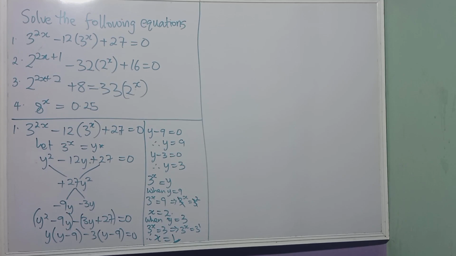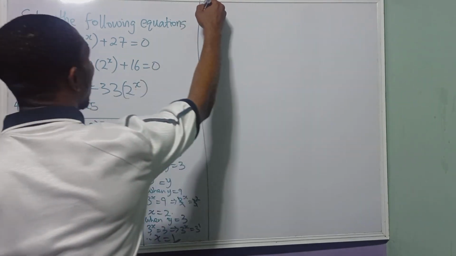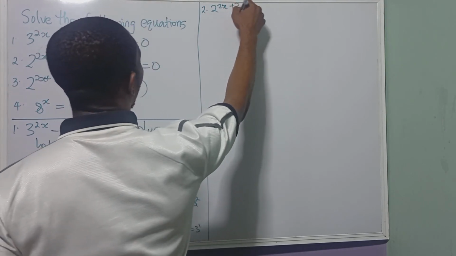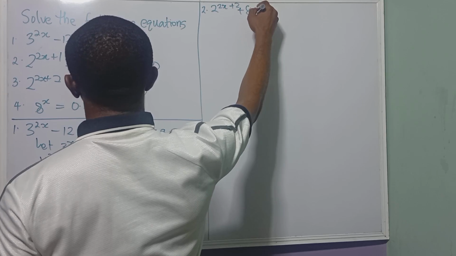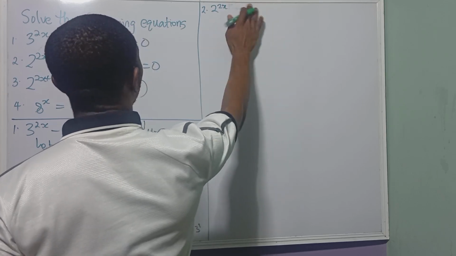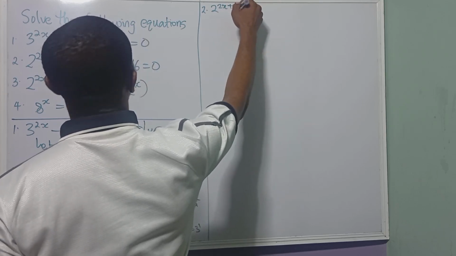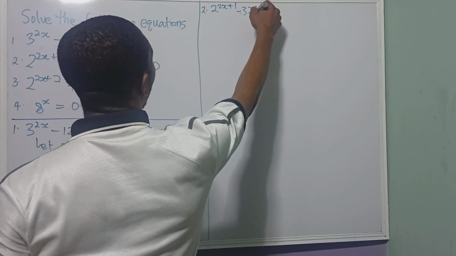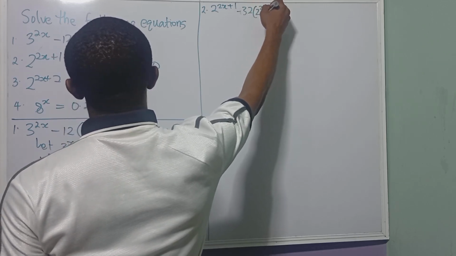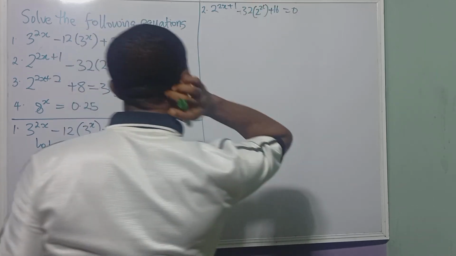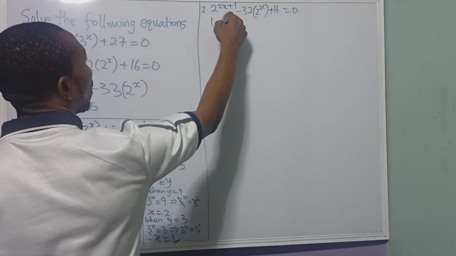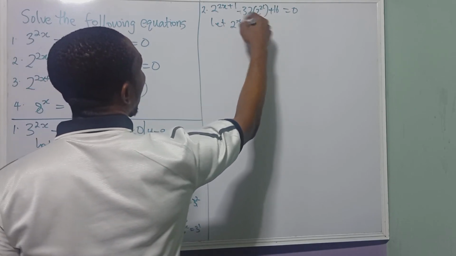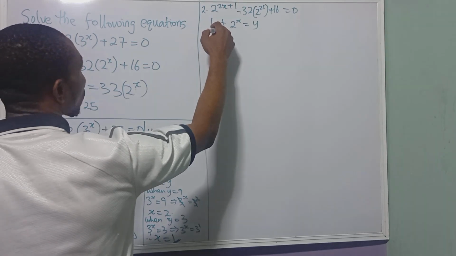Alright, so our next question, it says we have 2 raised to 2x plus 2 plus 8 equals 2 raised to 2x plus 1 minus 32 bracket 2 raised to x plus 16 equals 0. Here we have, let 2 raised to x equal y.